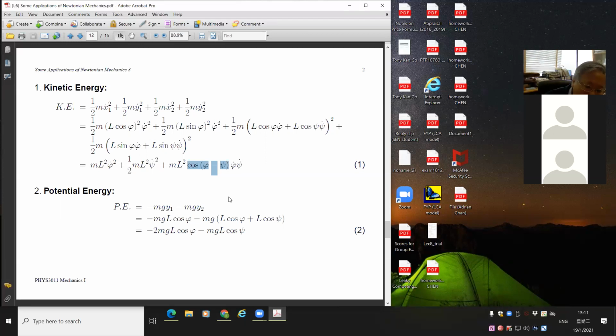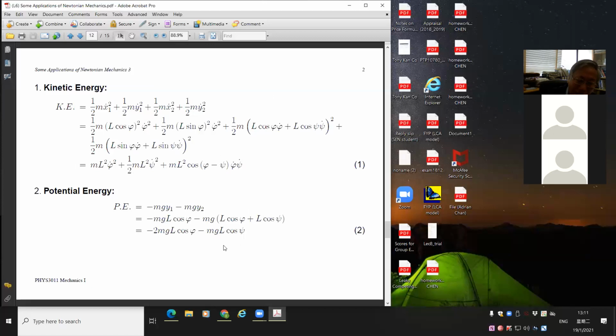All right. Potential energy, again, is straightforward. Minus mgy1 for particle 1, minus mgy2 for particle 2, and then we substitute in the expressions for y1 and y2 and simplify. We find this. All right. Okay, what's next?